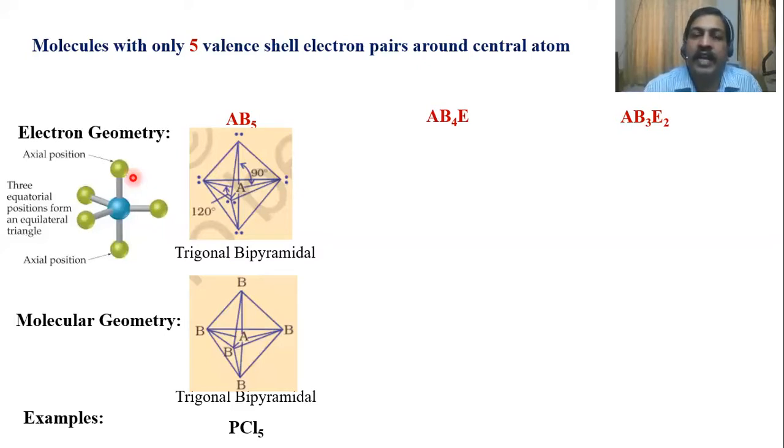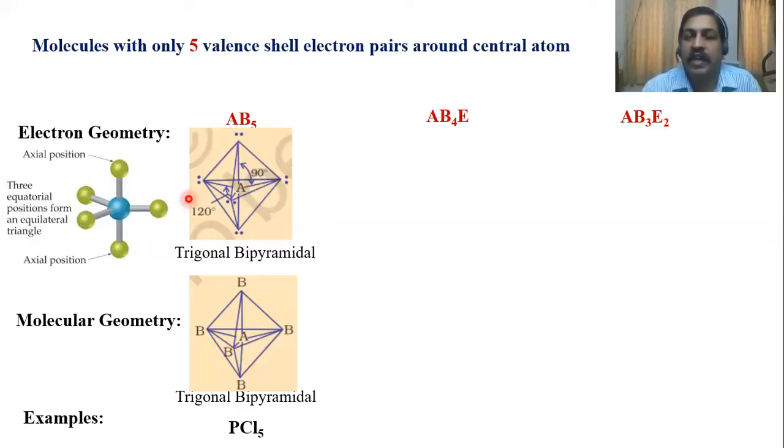The angle between an axial electron pair and an equatorial electron pair is 90 degrees. The angle between any two equatorial electron pairs is 120 degrees. So this is the electron geometry.